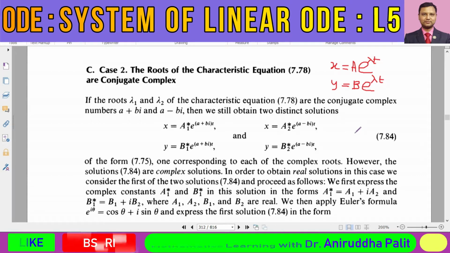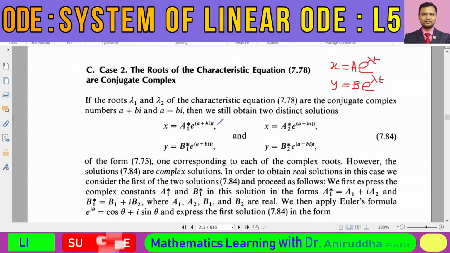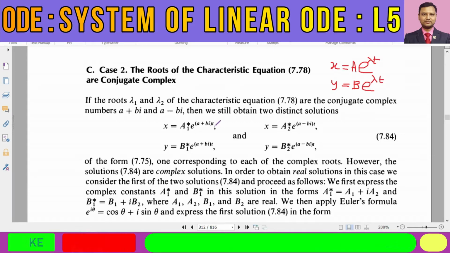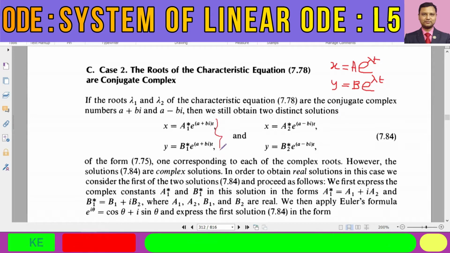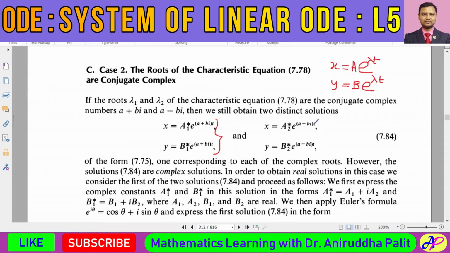So in this fashion we will get two different sets of solutions for x and y. But remember, these two are complex, whereas our given system is a real differential system, and so we expect real solutions of this given differential system.